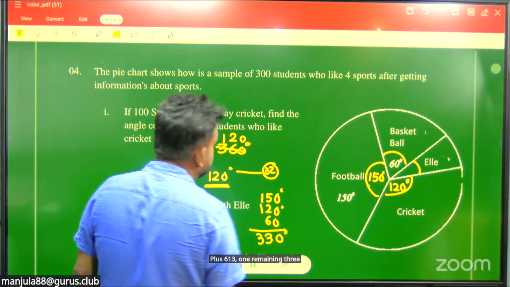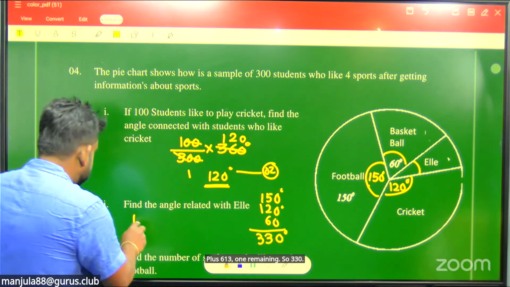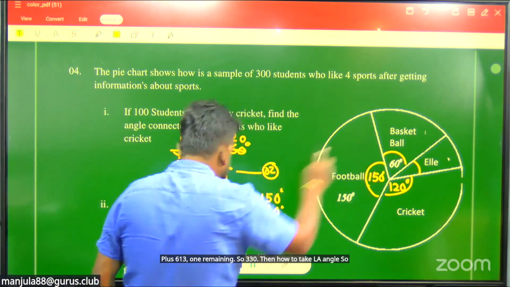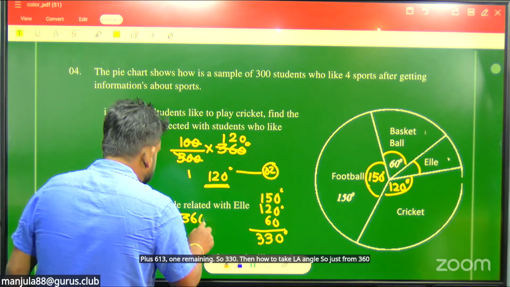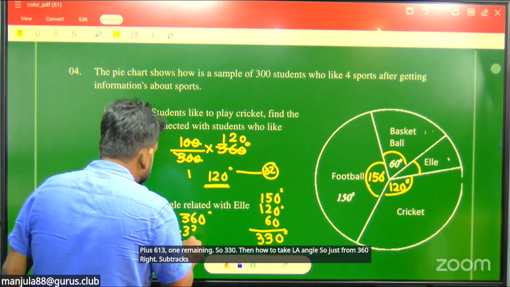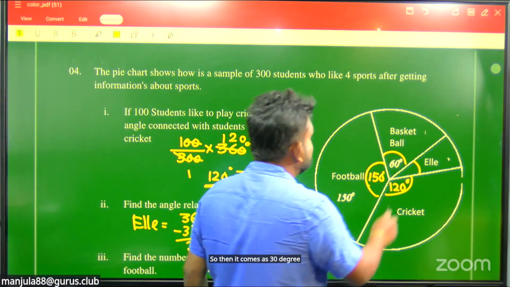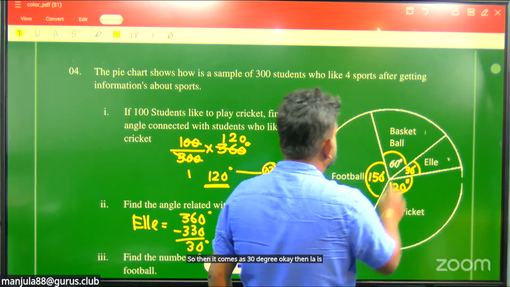So 330. Then to get the LA angle, just subtract 330 from 360. So it comes as 30 degrees. Then LA is 30 degrees.